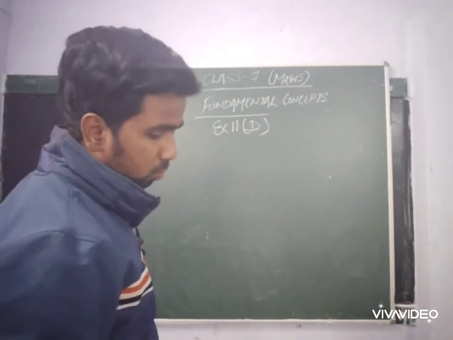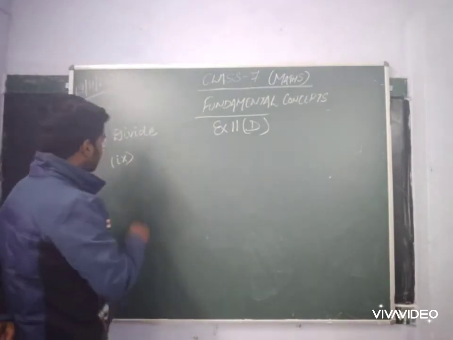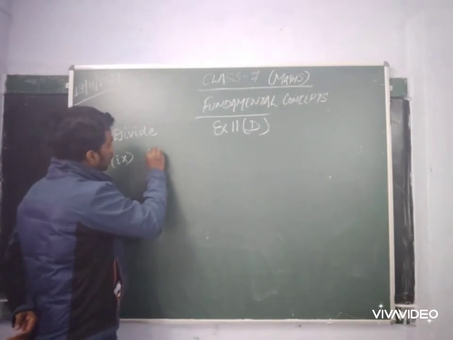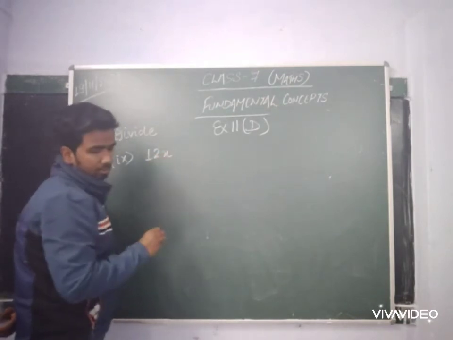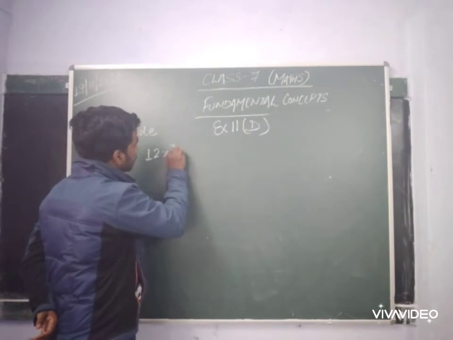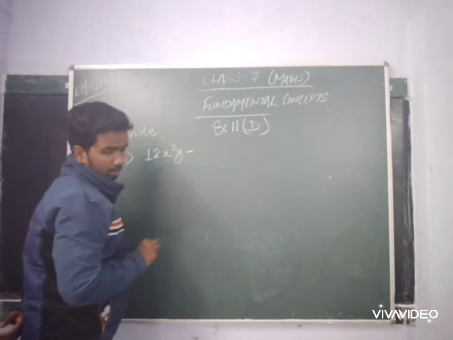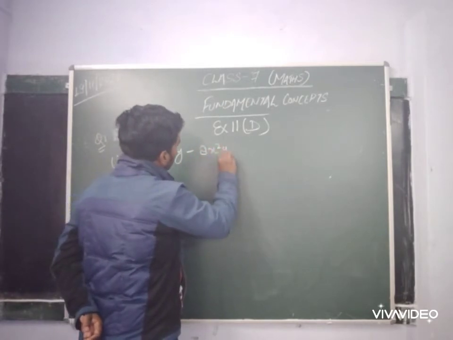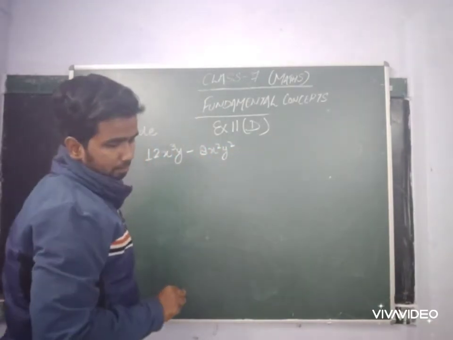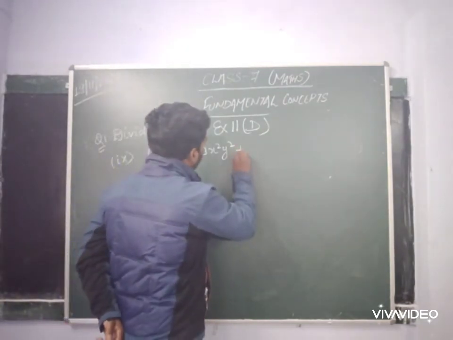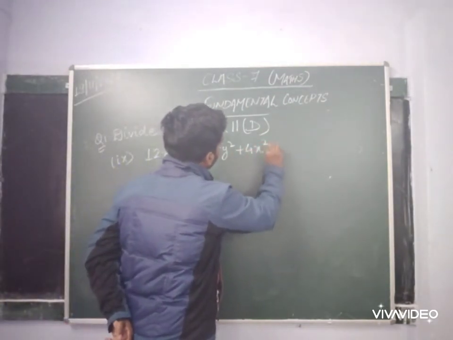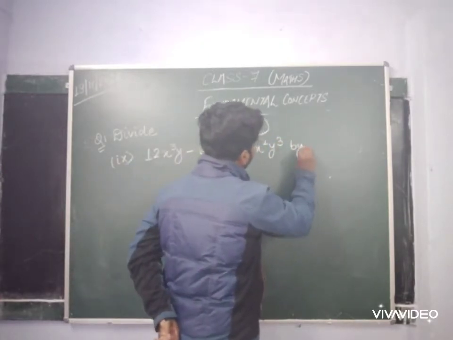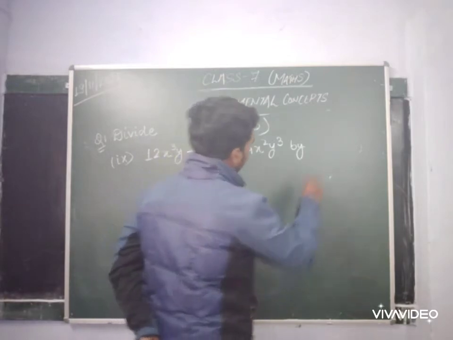Now let's see what the next part is telling us, and this is the ninth part. So the question is 12x cube y, okay, minus 8x square y square, then plus 4x square and y cube, and you have to divide it by 4xy.